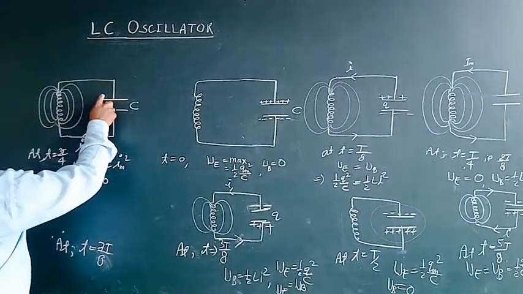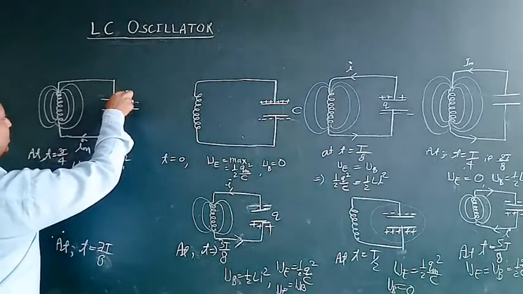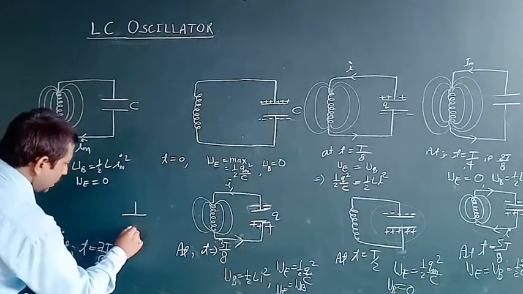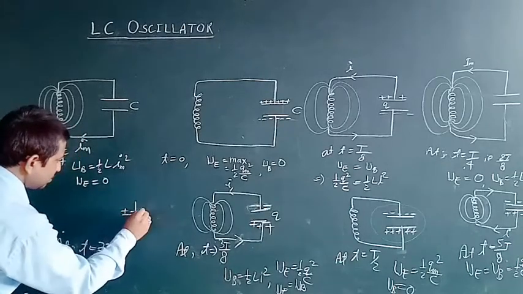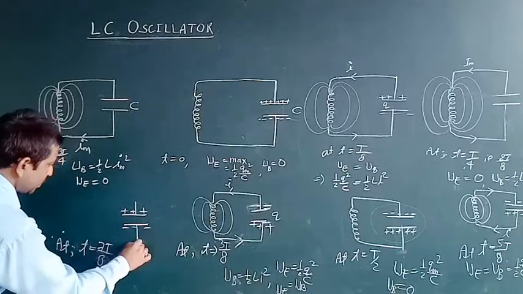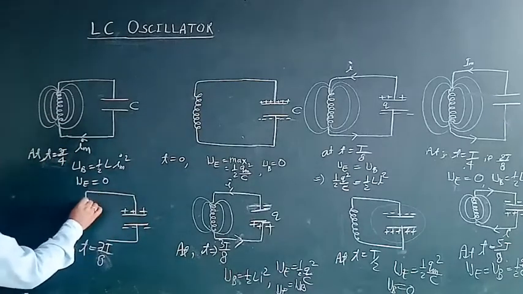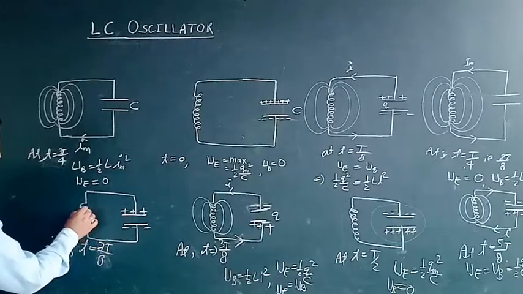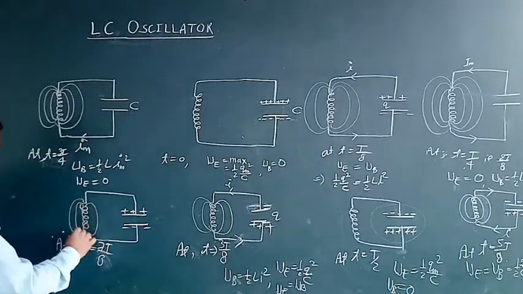So the positive charge occurs on this side of the capacitor. The capacitor starts charging and positive charge occurs on the top side of the capacitor, and the electromagnetic energy present in the inductor decreases continuously.